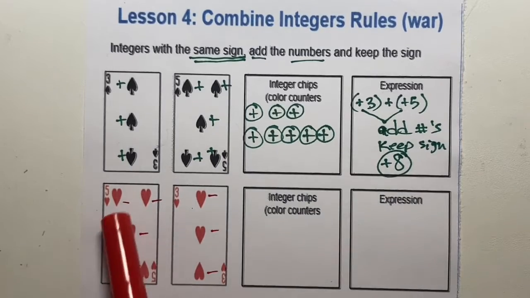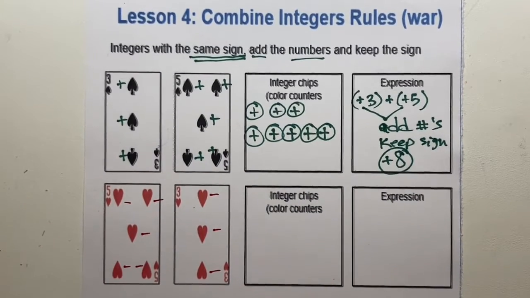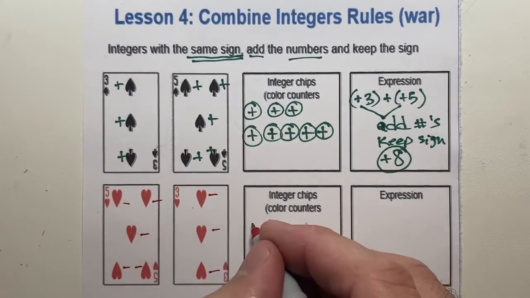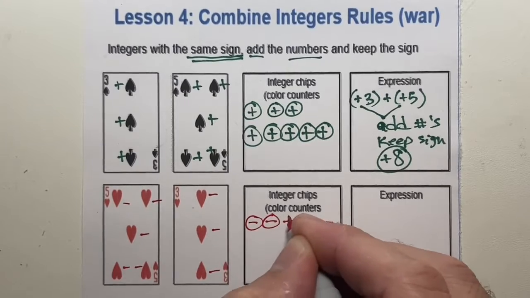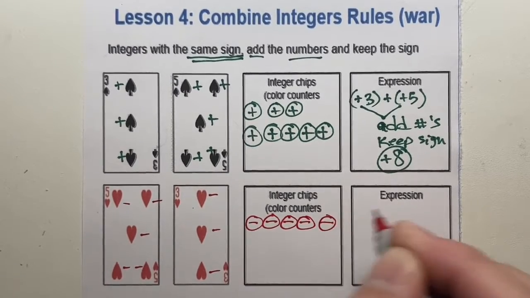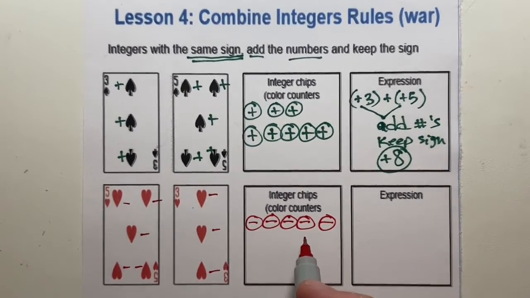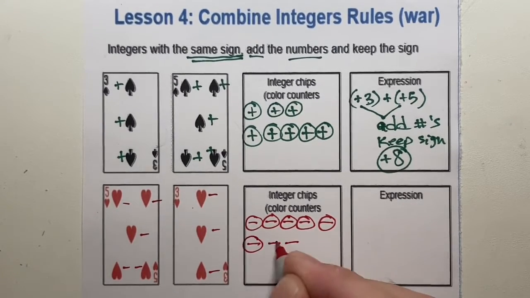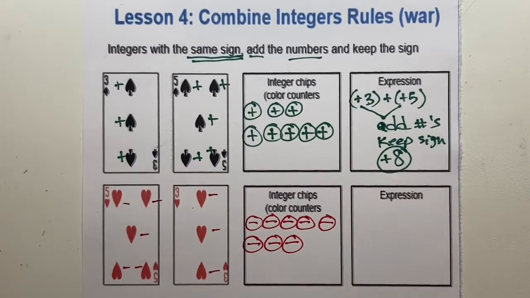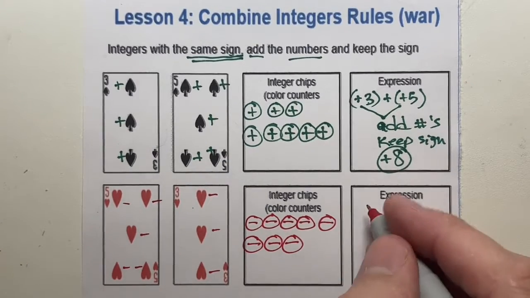Now, the negatives are going to be no different when we have the same sign. So if we have 5 negatives, it's going to represent our chips here. We have 5 negatives, or negative 5, and then we have 3 negatives. So we're going to write the expression over here.